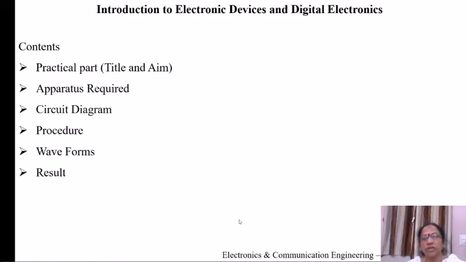Students, in this practical session, the contents we discuss are the practical part. In the practical part, the title and aim of the experiment are discussed. Then the apparatus required for this experiment, the circuit diagram for the bridge rectifier experiment, the procedure, and the waveforms of this experiment.